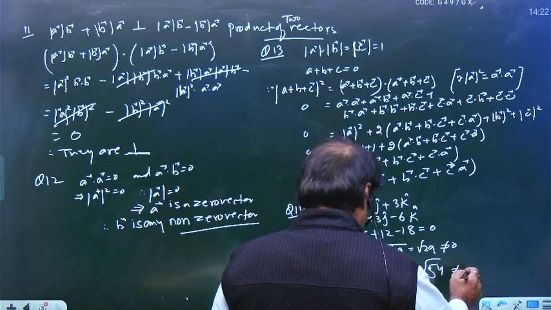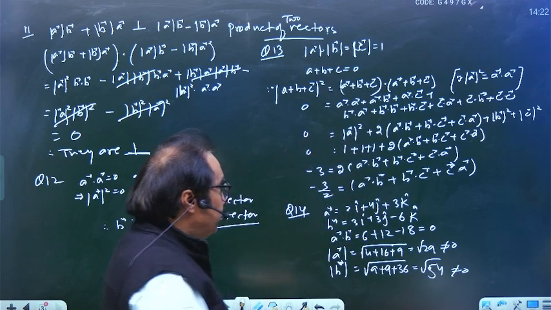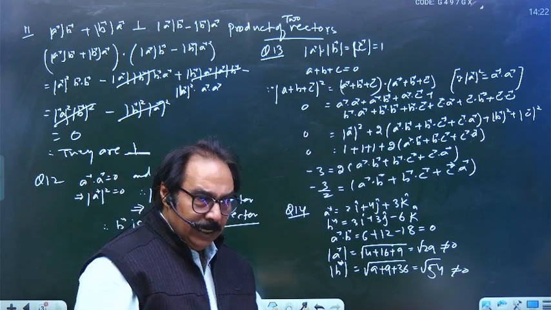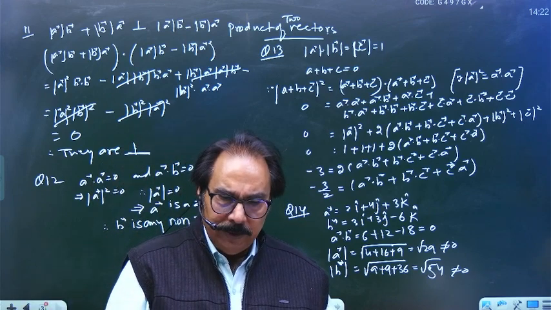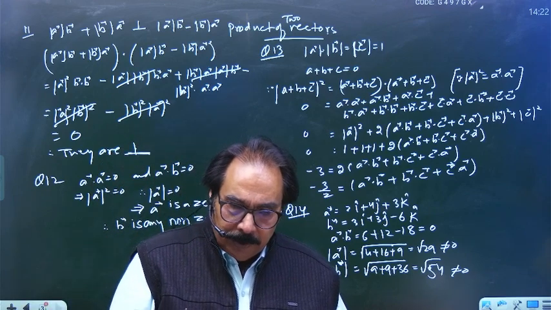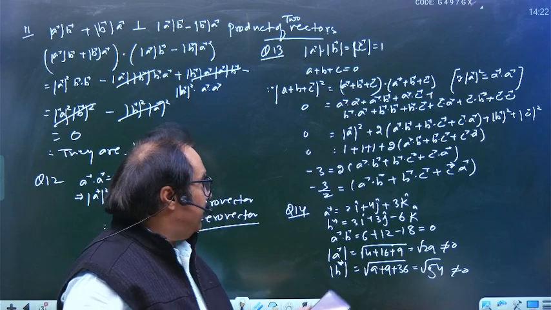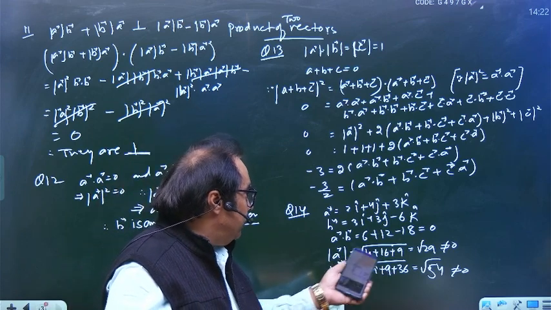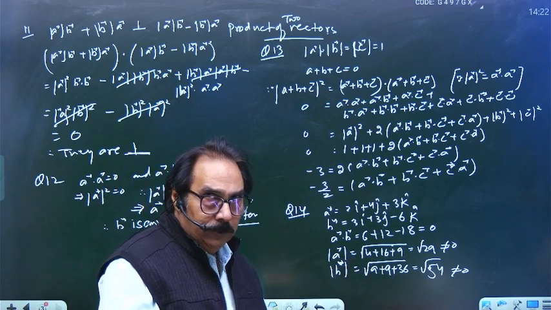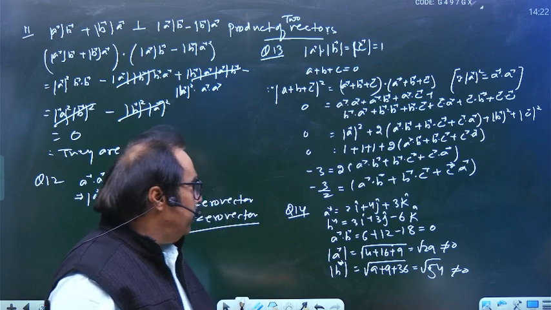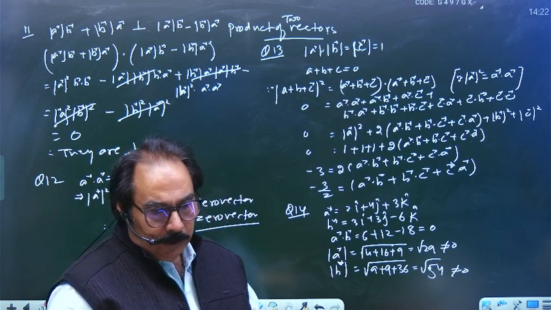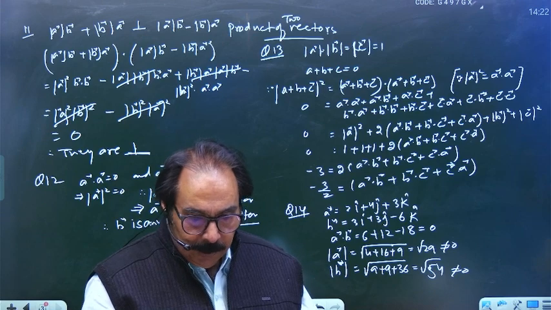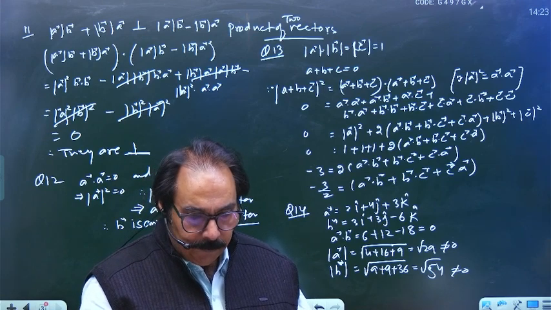So the question says, okay, if A is a 0 vector or B is a 0 vector, then A dot B is 0. But the converse means if the magnitude of A is not equal to 0 and the magnitude of B is not equal to 0, A dot B may still be equal to 0. So this was the explanation of this question number 14.